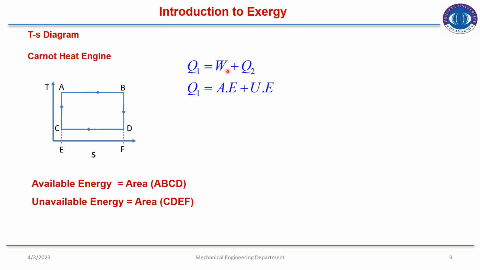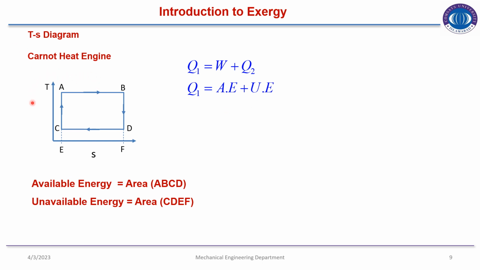Some of that energy is converted into work, and Q2 is the amount of energy rejected by the heat engine into the low temperature thermal energy reservoir. So the heat supplied to the Carnot heat engine is equal to the work produced, the available energy, plus Q2 that is rejected into the ambient, the unavailable energy.